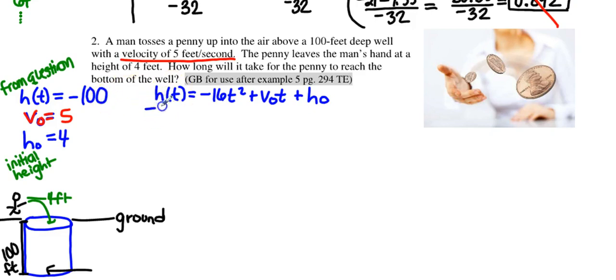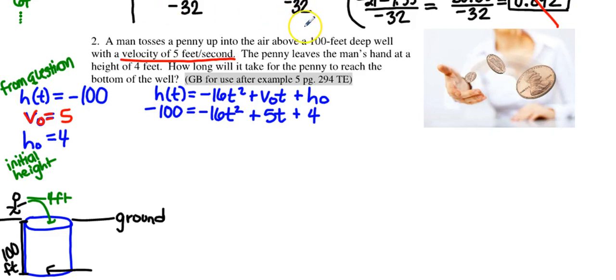Yes, so negative 100. Now we're ready to fill in our model. So h of t, which is negative 100, equals negative 16t squared plus my velocity, 5t, remember to put a little tail on the t, plus 4. Can I do the quadratic formula as this is written? I'm hoping you're saying no, no, no, because we need this to be equal to 0.